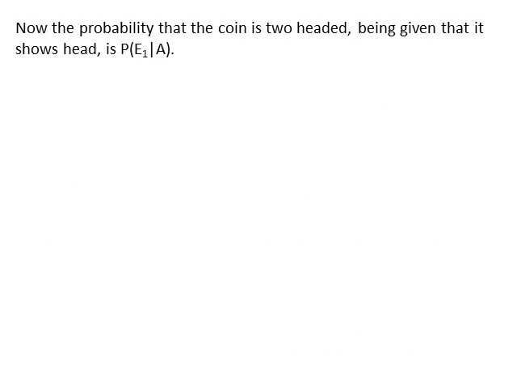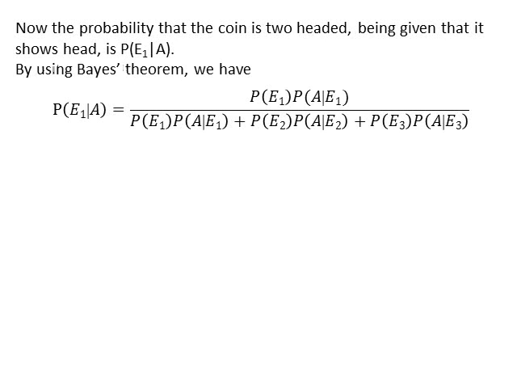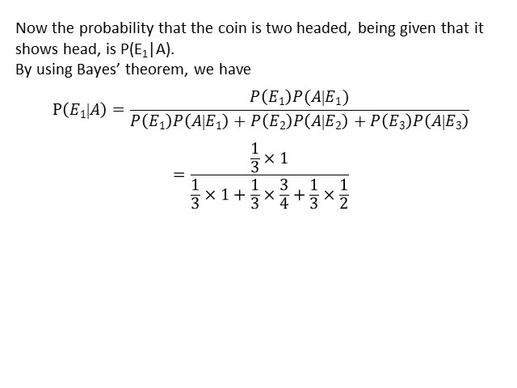Now the probability that the coin is two-headed, given that it shows head, is P(E1 given A). By using Bayes' theorem, we have P(E1 given A) equals P(E1) multiplied by P(A given E1) divided by P(E1) multiplied by P(A given E1) plus P(E2) multiplied by P(A given E2) plus P(E3) multiplied by P(A given E3).